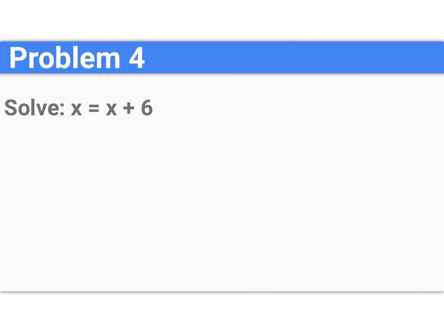And then for the last one, here we go. This one is a square root problem. So the first thing you have to do is get rid of the square root. The opposite of the square root is squaring. So x squared equals x plus 6. And then we move everything over.